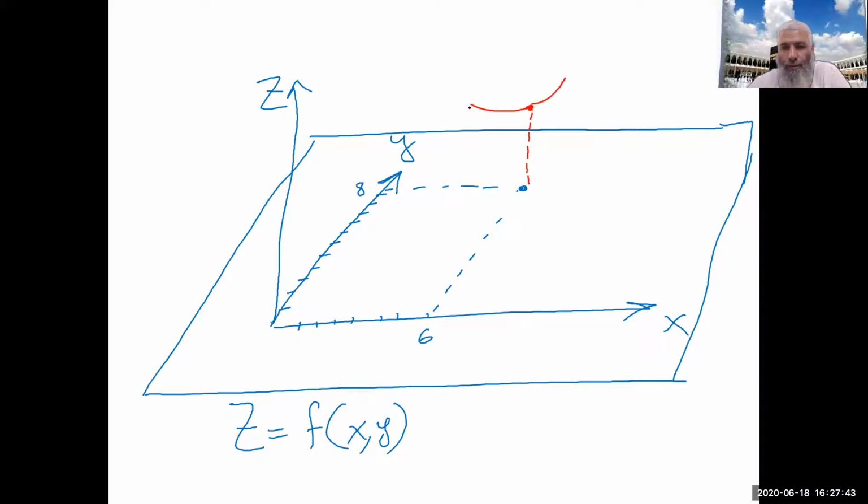So the z is like a surface, some sort of surface. Each point of it has another point of x and y. Okay, somehow.